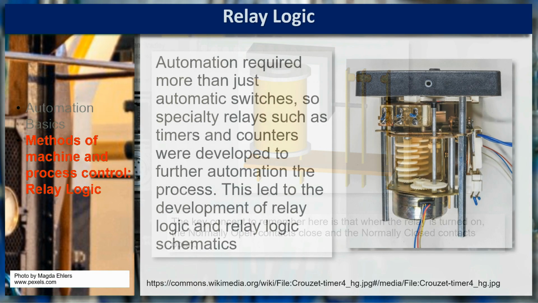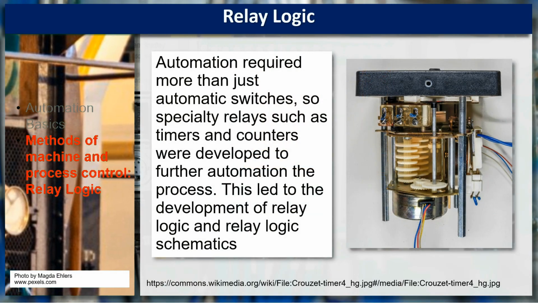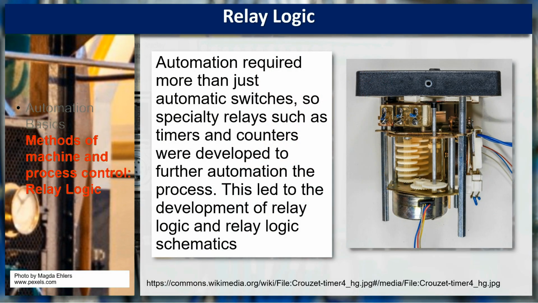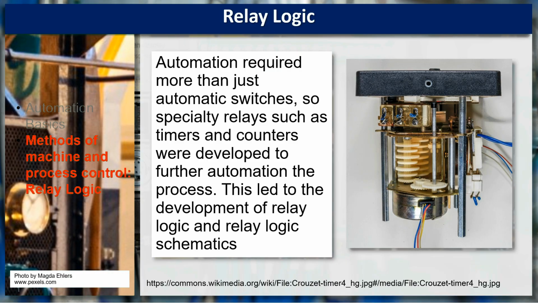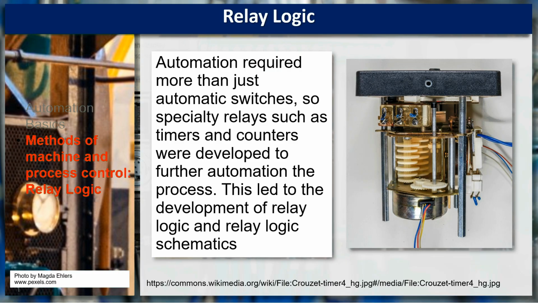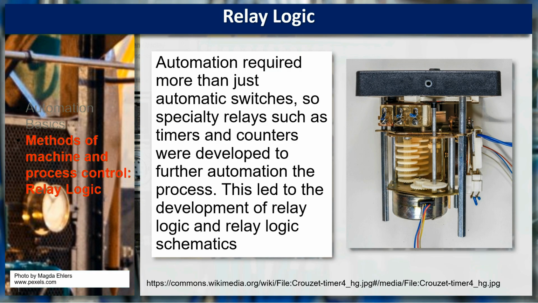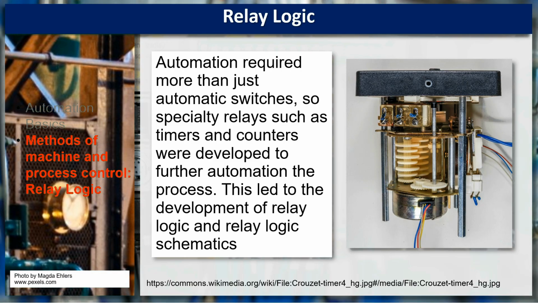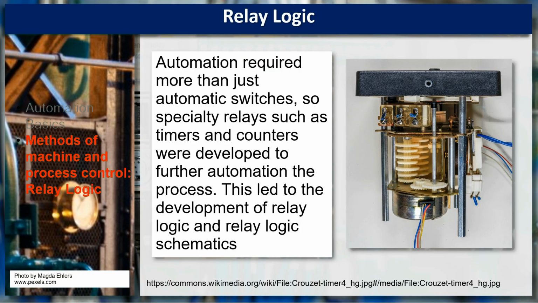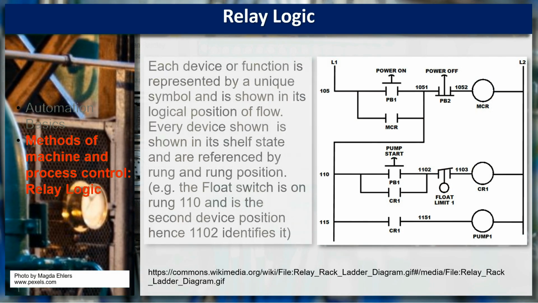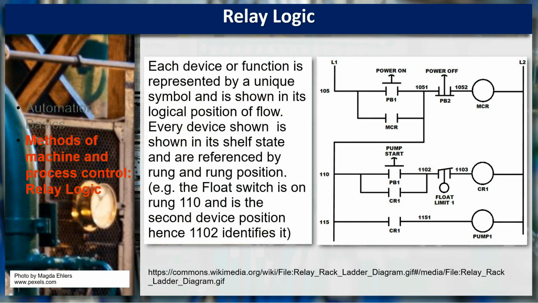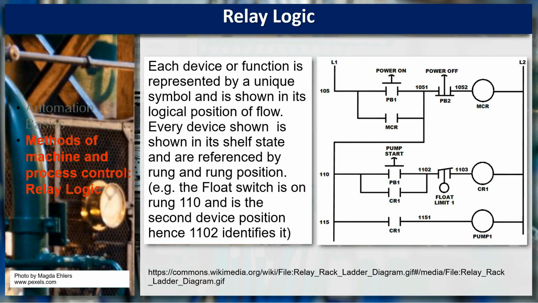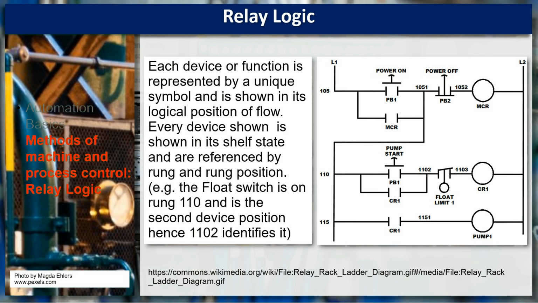But automation required more than just automatic switches, so specialty relays such as timers and counters were developed to further the automation process. This led to the development of relay logic and relay logic schematics. Each device or function is represented by a unique symbol shown in its logical position of flow.